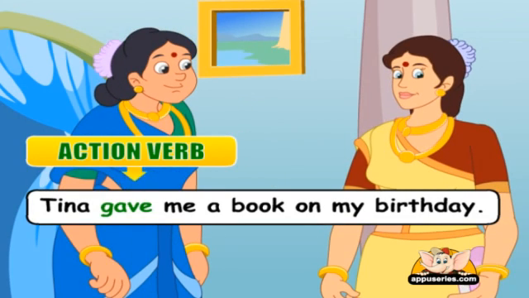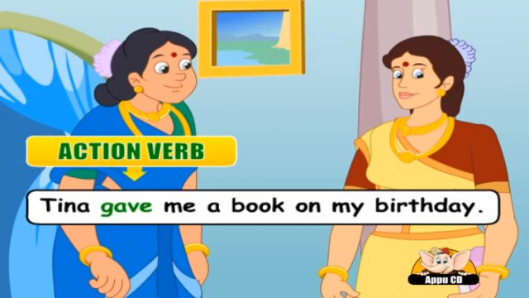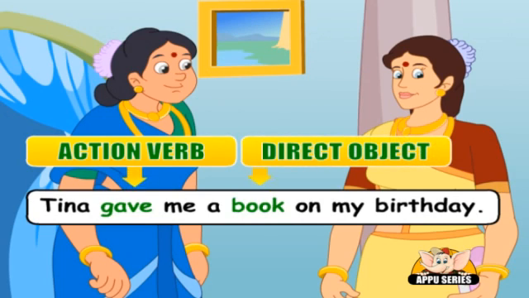Gave is our verb. To know the direct object, we ask, what was the recipient of the action, or what did Tina give? A book. The direct object is a book.